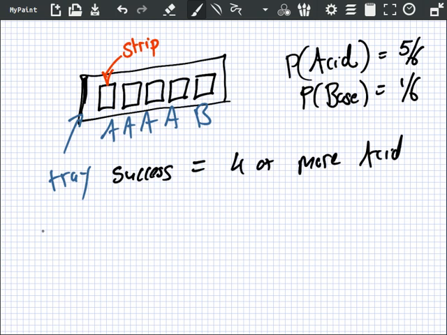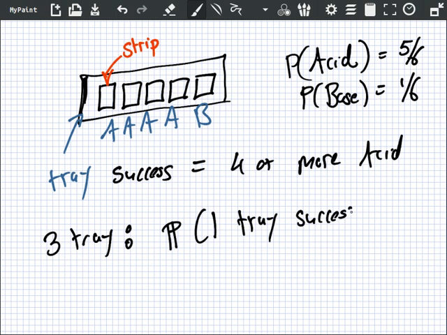And now let's say I have 3 trays, and I want the probability of getting 1 tray success. So I'll just explain this again.